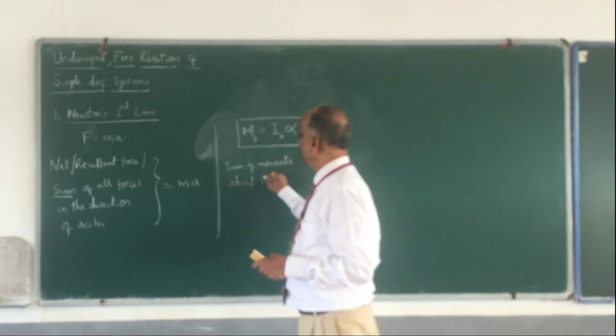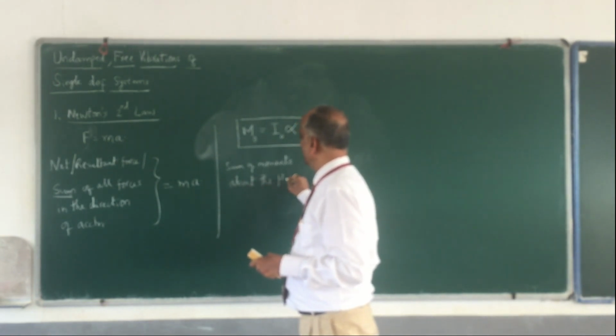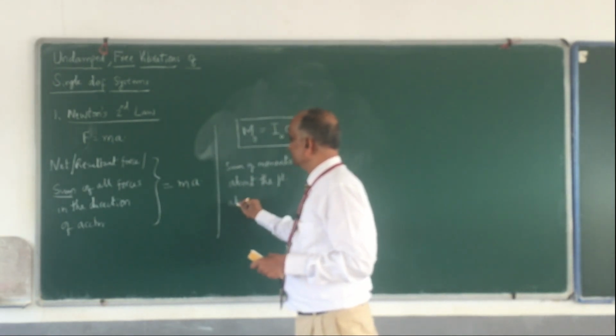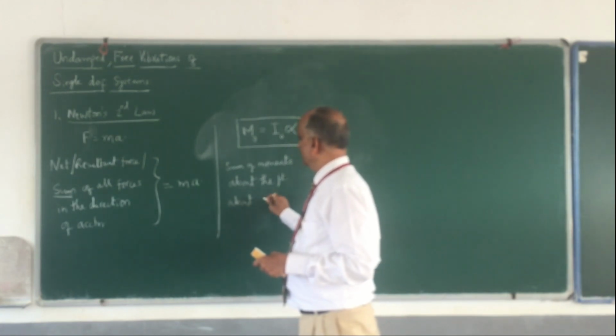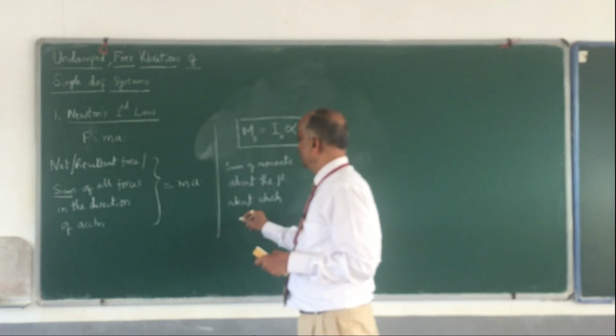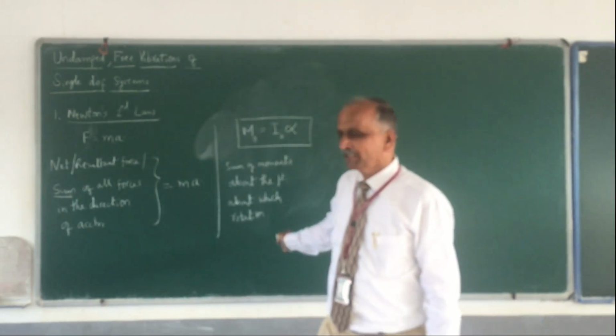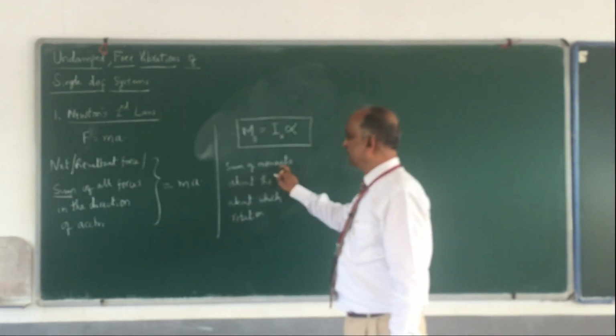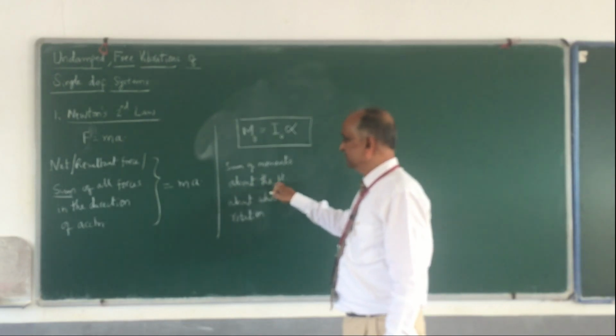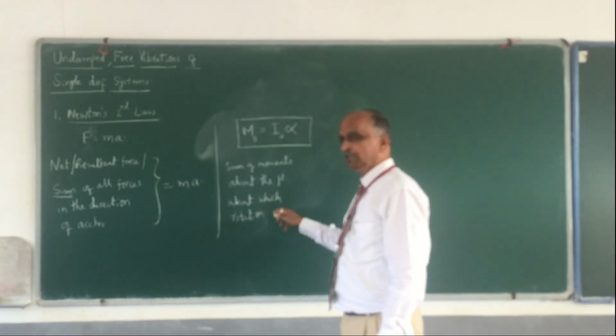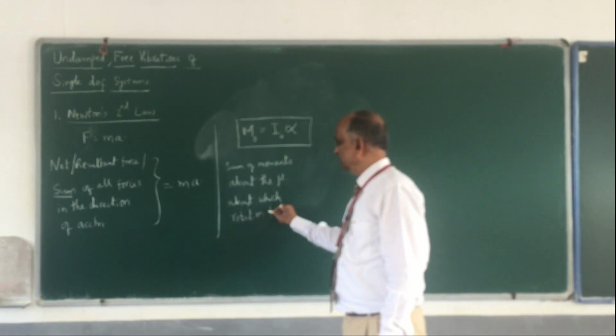About the point about which rotation is taking place. About which rotation. The point of rotation, that in short I can write. Sum of moments about the point about which rotation is taking place.